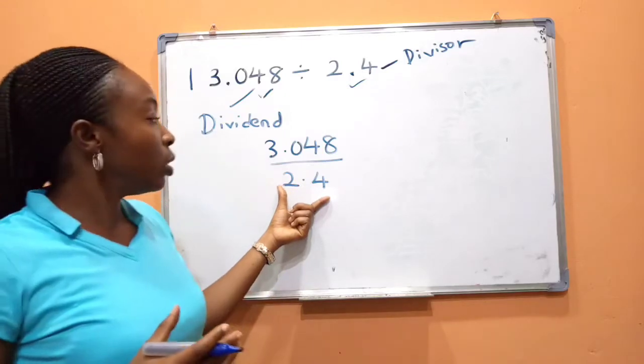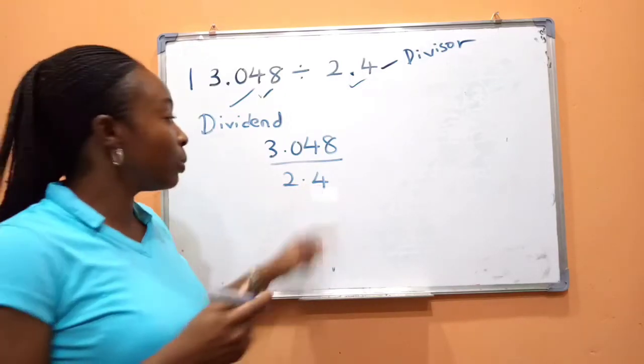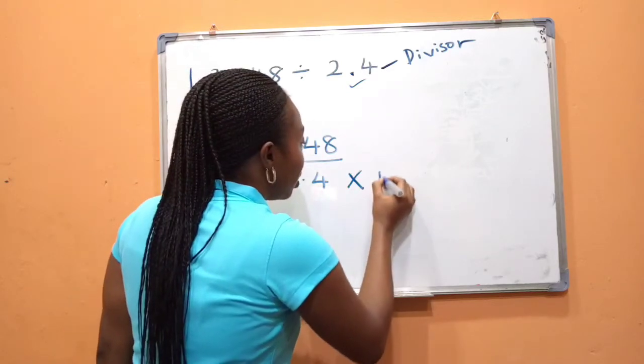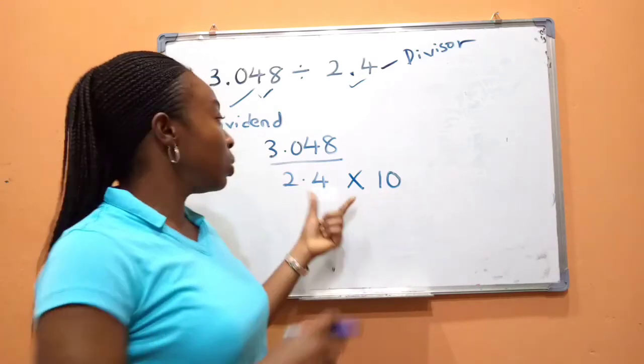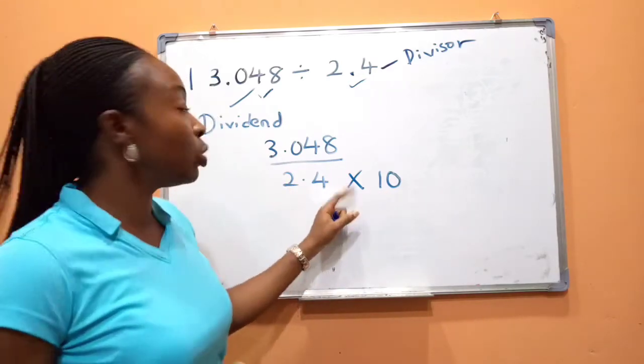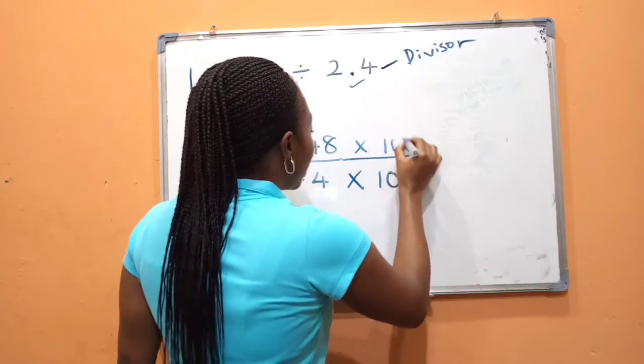So what do we multiply by to convert 2.4 to a whole number? We simply multiply by 10. Now that we've multiplied by 10, whatever you do to the denominator, you do the same to the numerator. So we are going to have this multiplied by 10 too.